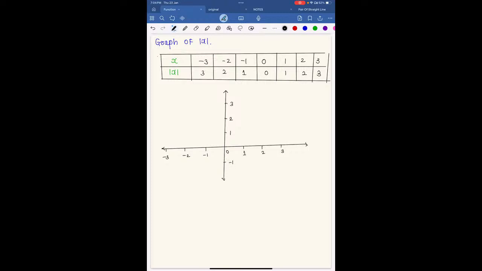Here it is -1, -2. Now first point काय आलाय? X is -3, mod of x is 3 आलाय. So -3 आणि 3. So first point आहे -3 आणि 3. So हा point आहे. Okay, -3 and 3. So हा point येणार आहे.